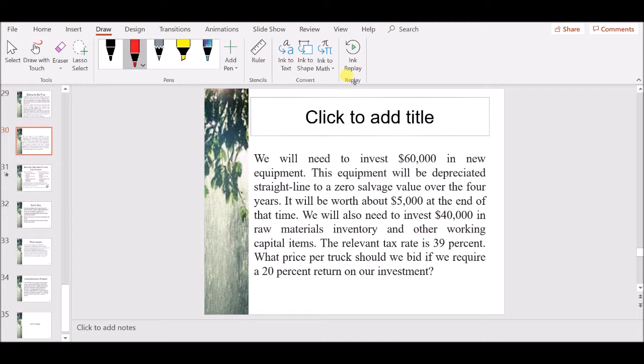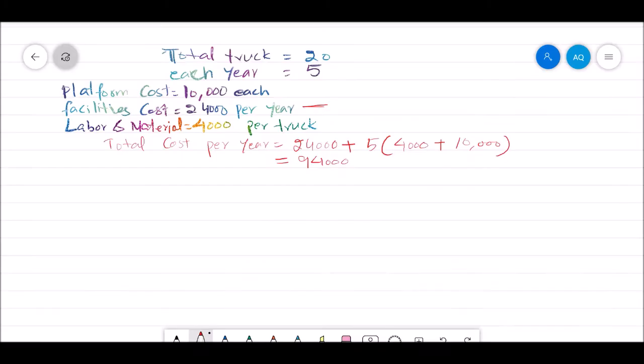So we will need to invest 60,000 in new equipment. So our capital investment requirement will be 60,000. That will be in the start of the project, just one time.